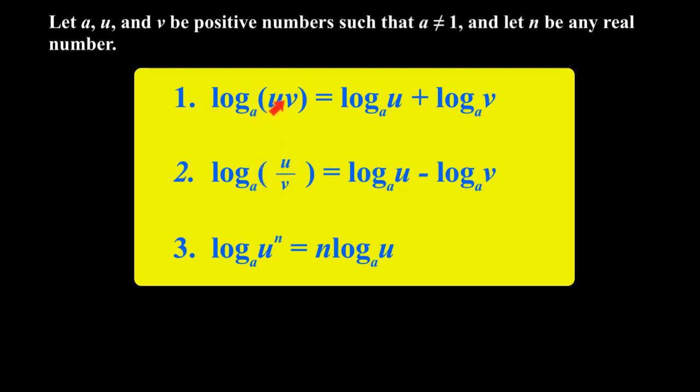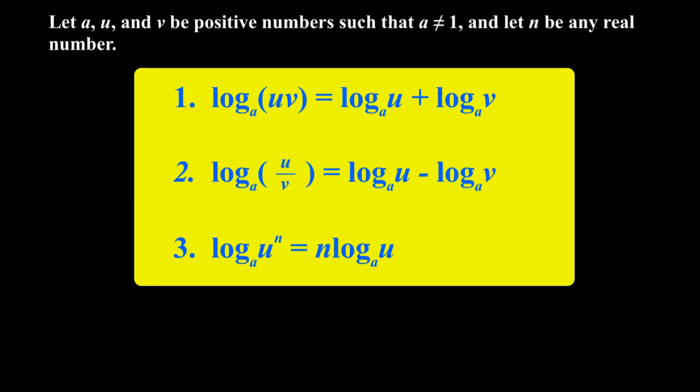If you have multiplication in between two numbers, you can separate this one logarithm into two logarithms through addition. And if you have one logarithm of two things that are divided, you can separate those into two logarithms with subtraction in between them.